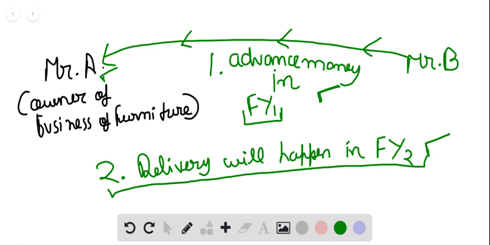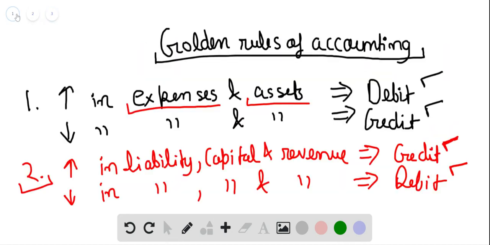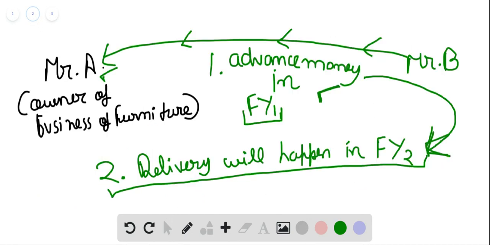So to convert the amount recorded in financial year 1 into income of financial year 2, there will be an adjustment entry. The adjustment entry will state a debit to a liability account. How? Let's understand.